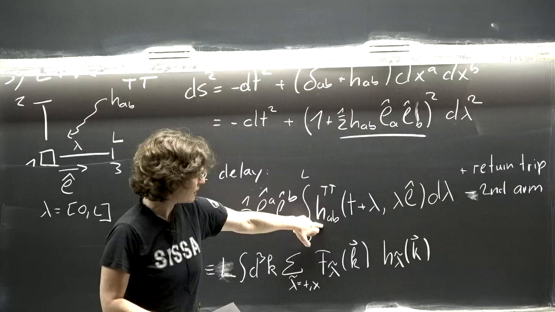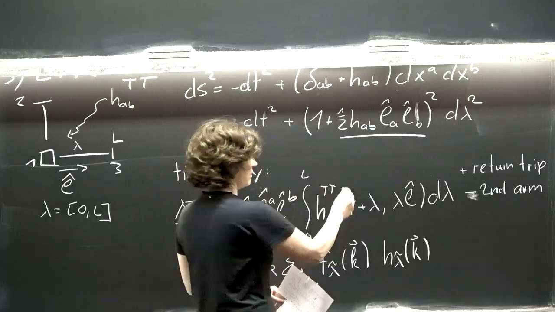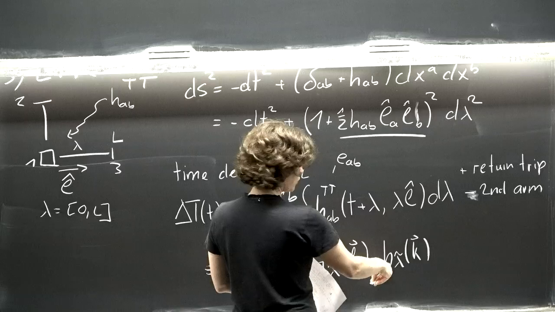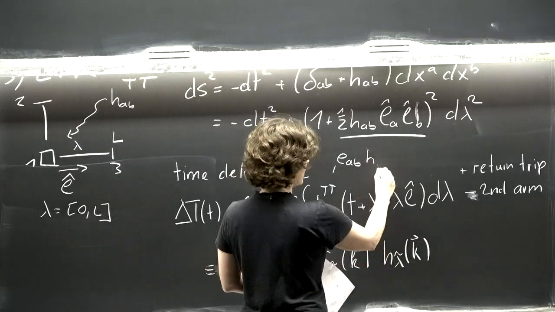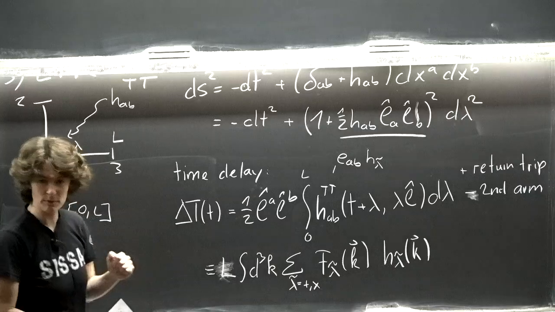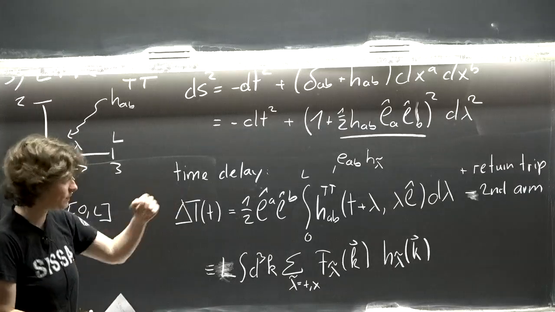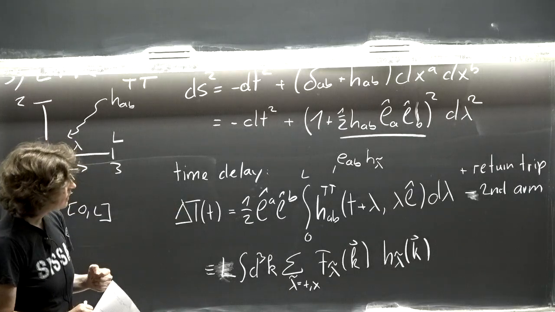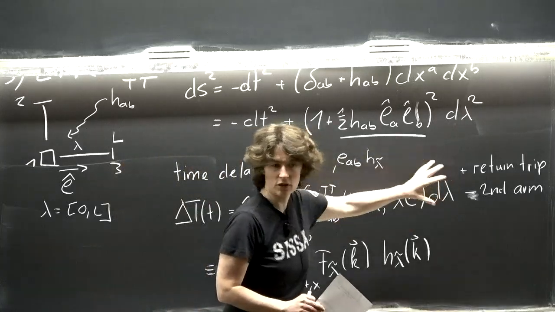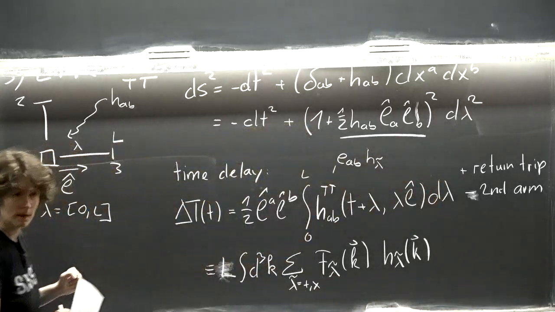I mean, these guys, right, were just a polarization tensor, right, times some coefficient h lambda tilde, right? Basically times the exponential just with the omega kx. So this is a purely geometric thing which just encodes the geometry of the detector.